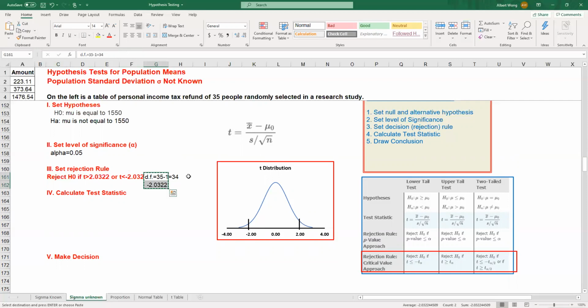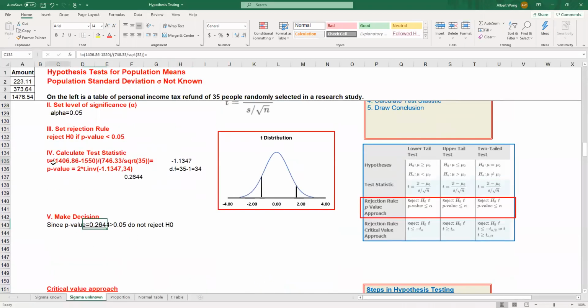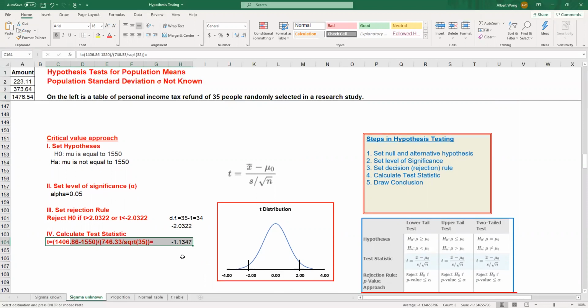Let me just copy this down a little bit more here so you can actually see. Now the test statistic, we've done it already, so we don't have to do it again. It's negative 1.14. So if you draw a picture, you can see the negative 1.1347 is here, and it's not in the rejection region, so we do not reject.